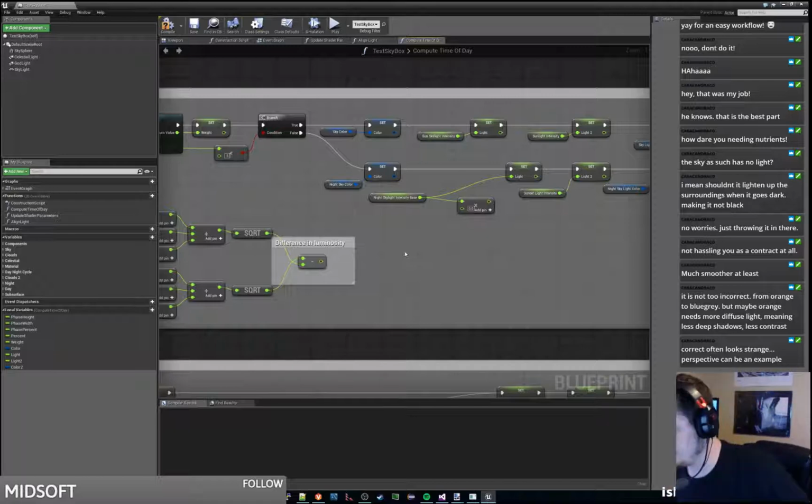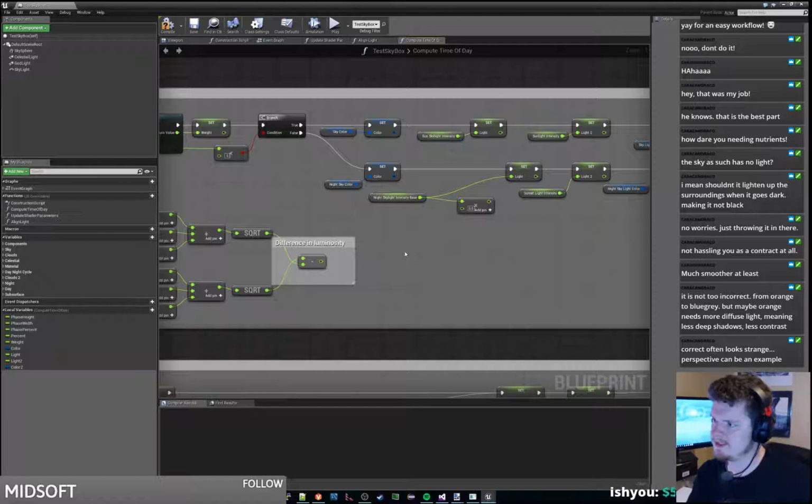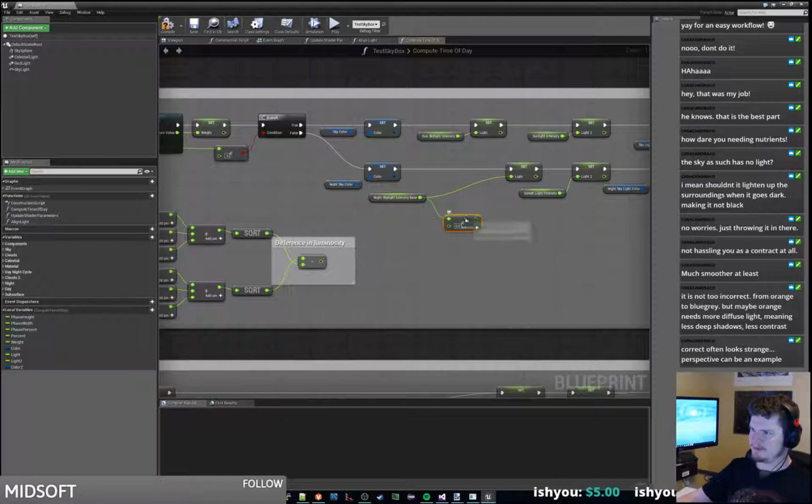Or do we just multiply this by 0.5 and see how it looks? Why don't we just do that?